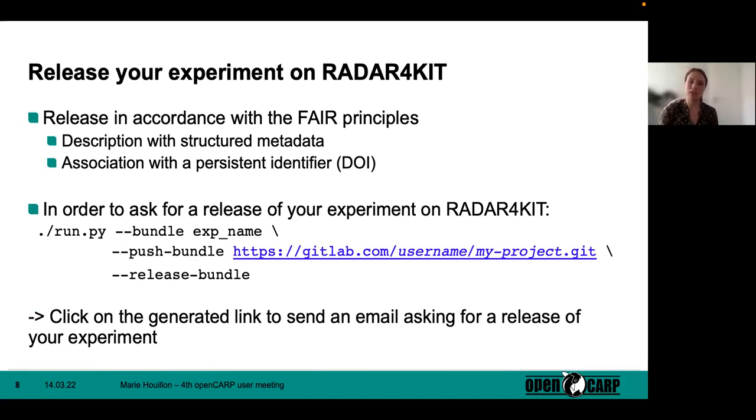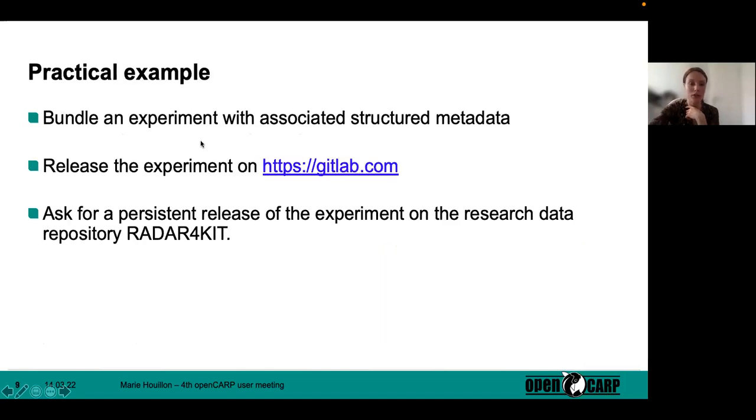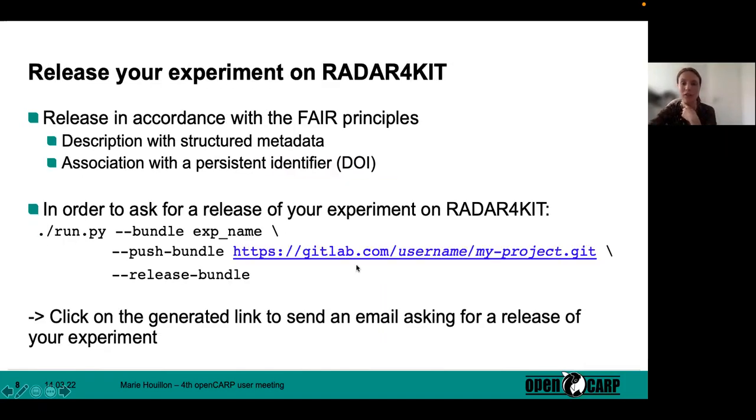If you click on the link, or execute the link in your navigator, a pop-up will open with a pre-filled email containing your name and the link to your Git repository. If you send this mail, it will go to the experiment curators of openCARP, and we will proceed to release your experiment on Radar for KIT.